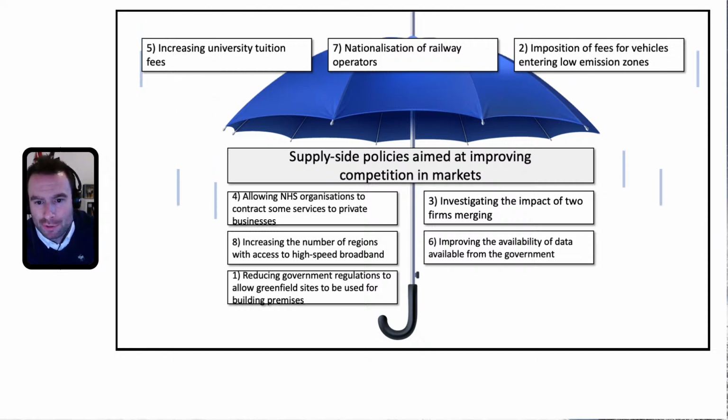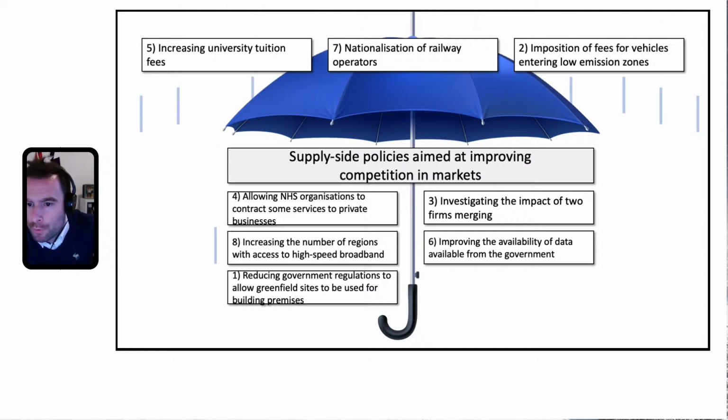Asda and Sainsbury's, I think it was around 2018, 2019, they wanted to come together and merge, but that merger was blocked by the Competition and Markets Authority, because one of the reasons why it was blocked is that the regulator thought it would lead to a substantial lessening of competition, so the market would be less competitive. So by investigating the potential impacts, that gives us as economists a way of trying to see how competition can be improved within markets.